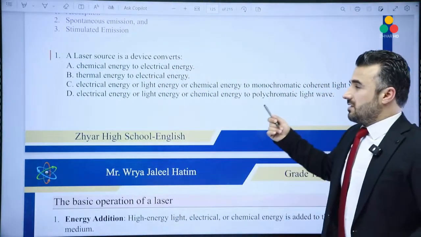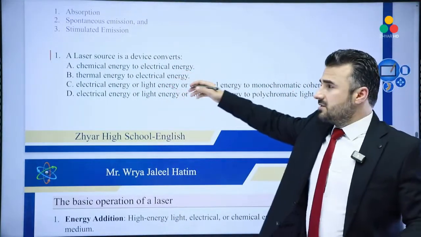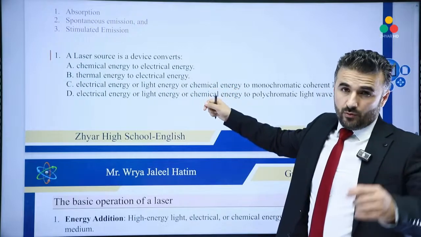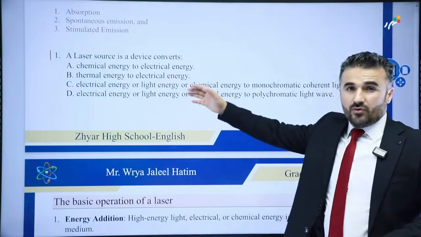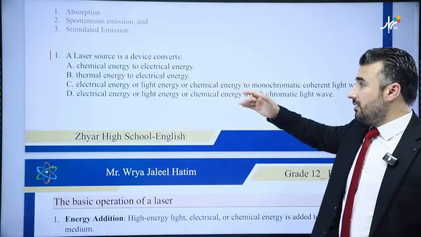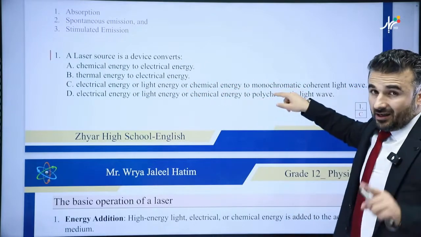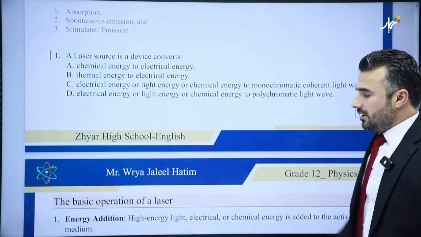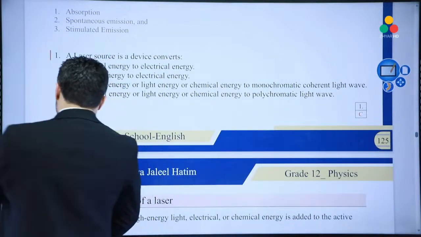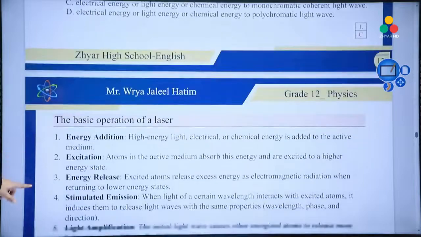So what would be the answer in this case? Clearly it is not A or B, so it is either C or D, yeah? So which one would you choose? Well, then it is C, because it converts all that electrical, light, or chemical energy into monochromatic, a single wavelength color, yet coherent light waves. That'll be for lasers.